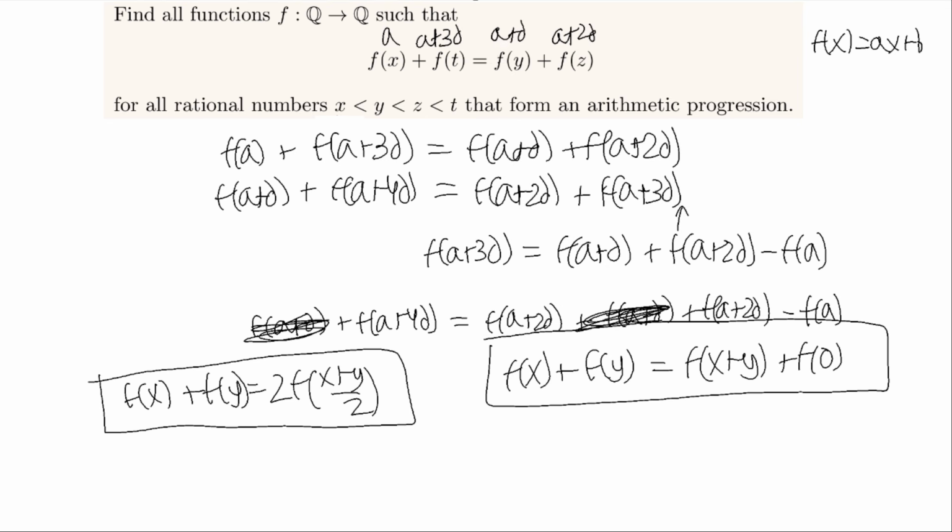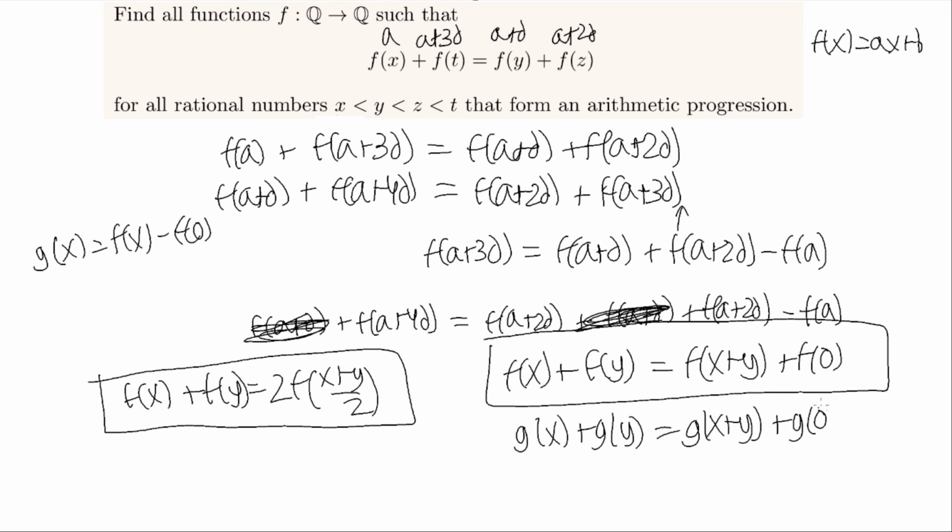So we can go ahead and define this function g of x equals f of x minus f of 0. And because g works, g also satisfies this equation: g of x plus g of y is equal to g of x plus y plus g of 0. But look, g of 0 is f of 0 minus f of 0, which is 0.